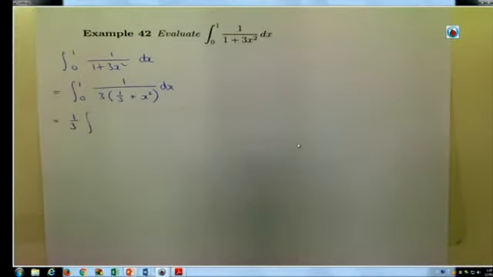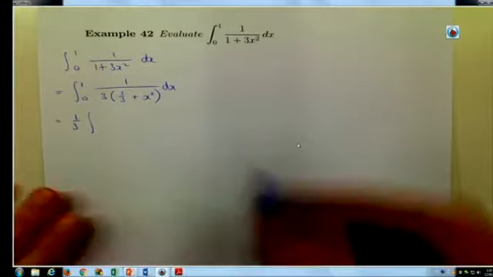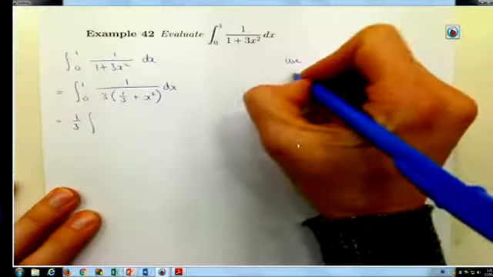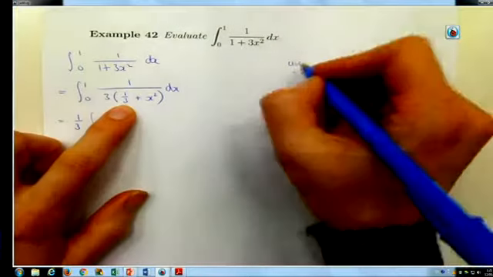Okay, so now we've got to pick a trig substitution. Which one will we pick? The tan squared. Yeah, we're going to pick the tan squared or the sine squared. In this example, the tan squared one works the best, so that's what we're going to use. And we have to multiply the whole thing by 1/3, okay?